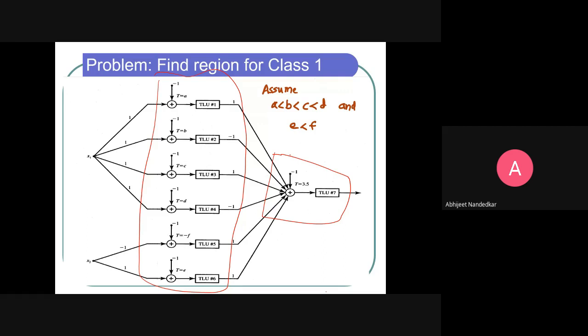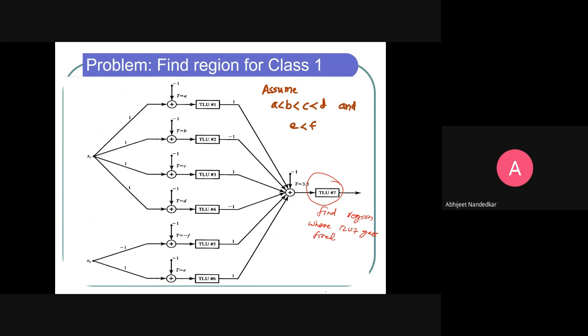Now the question is, find the region where the seventh neuron, this is TLU7, gets fired. Okay, so this is our problem.